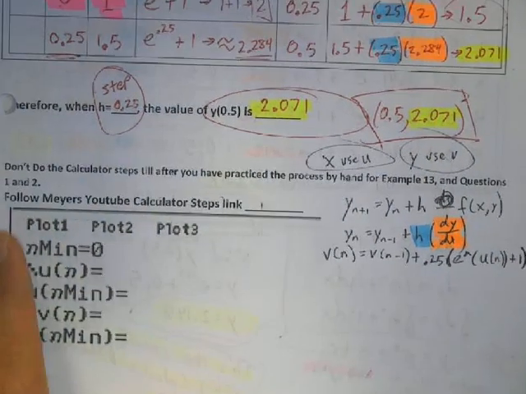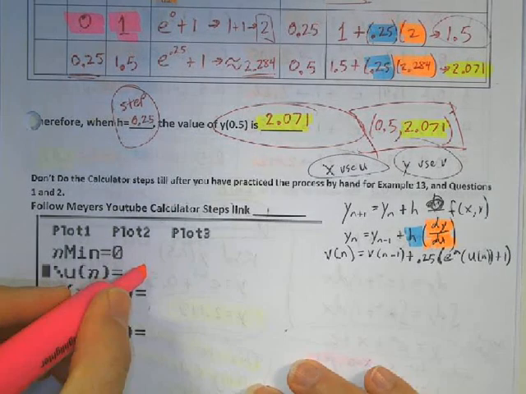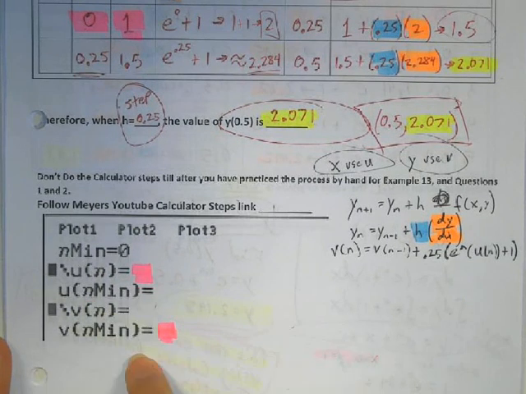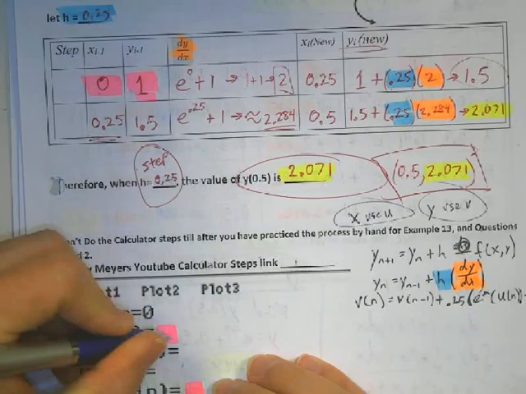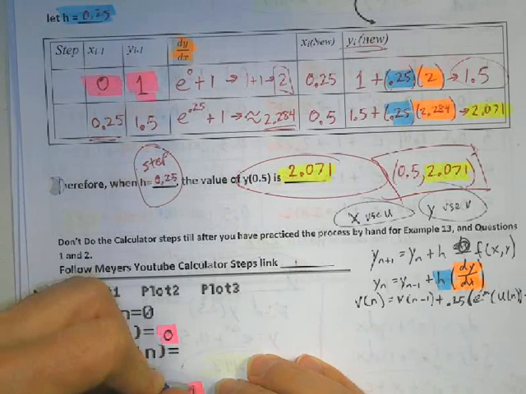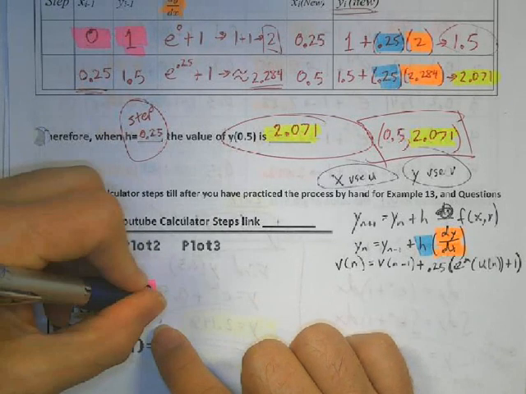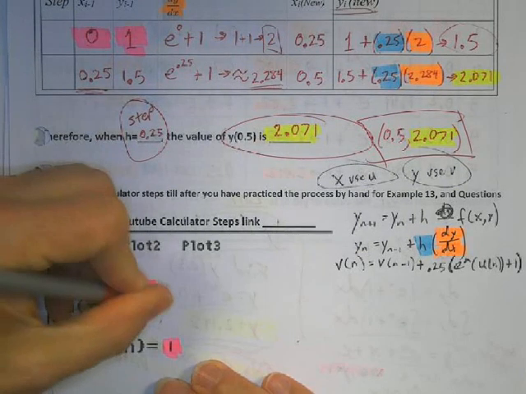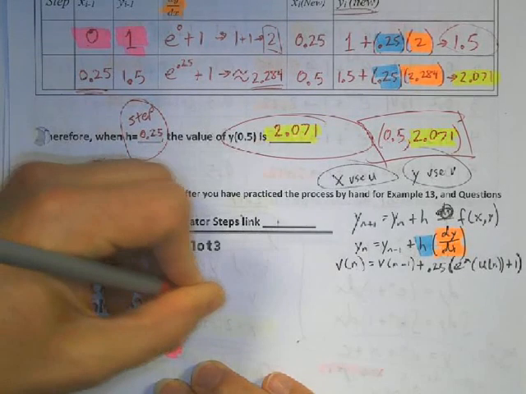As Ms. Castro said, this value here and this value here, this is my x starting point, this is my y starting point, and we know that the x and y starting point is 0 and 1. So I'm just going to put those in right now before even getting started. That's 0, this is 1. This here is going to be u parentheses n minus 1 plus, and then we're going to put our step.